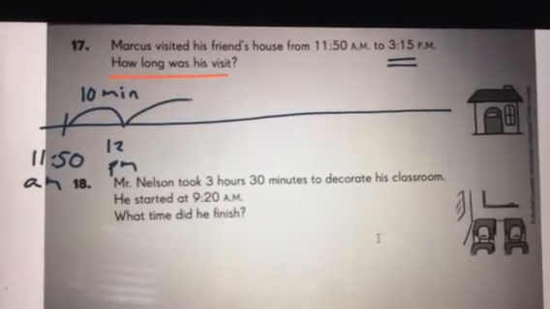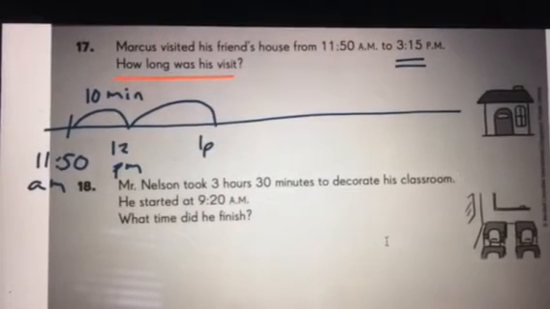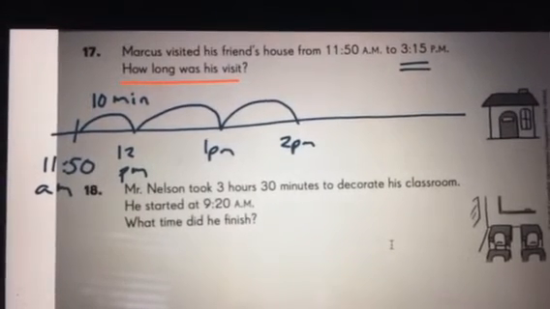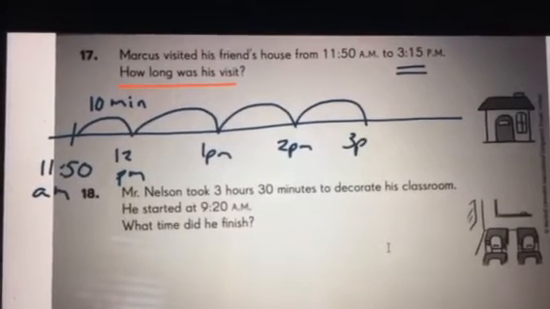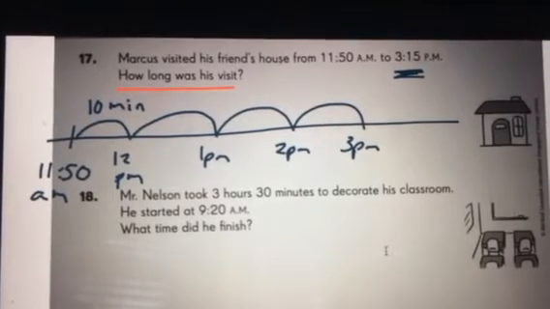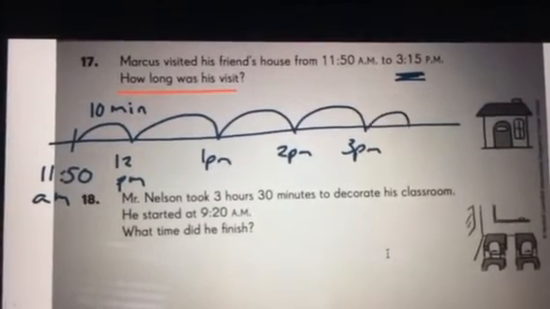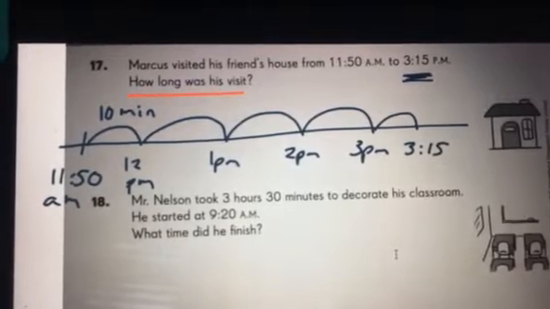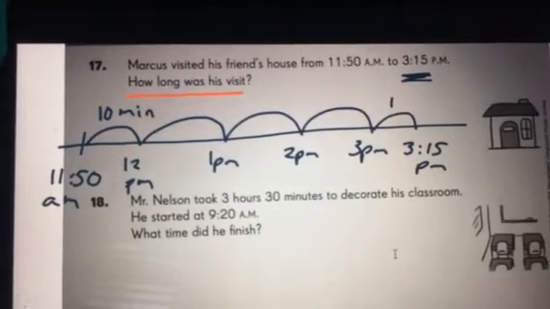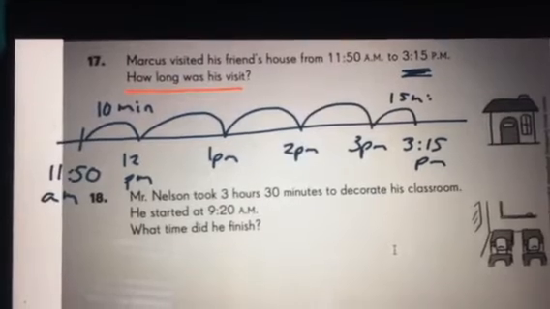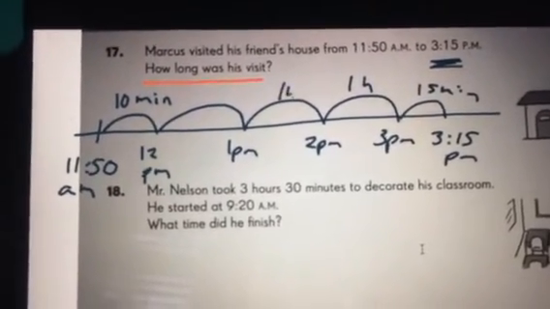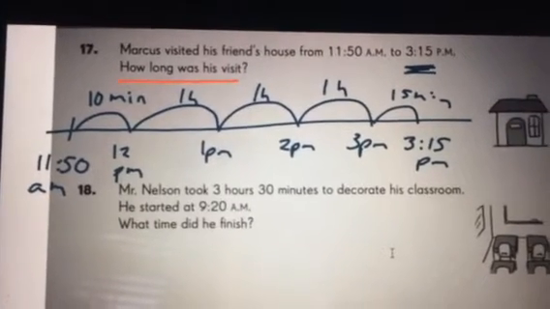And then after you get to 12 p.m., it's easier to skip the rest of the hours. So 12 p.m. to 1 p.m., 1 p.m. to 2 p.m., 2 p.m. to 3 p.m., and the ending time was 3:15. So how much time elapsed from 3 p.m. to 3:15? And that's only 15 minutes. Let's mark all the other jumps. 1 hour here, 1 hour here, 1 hour here.